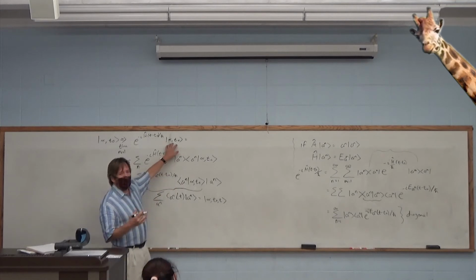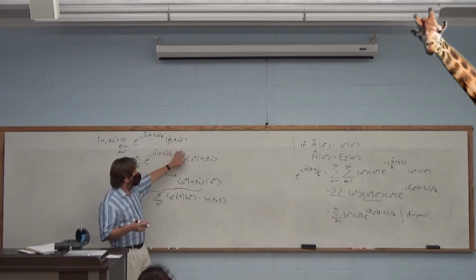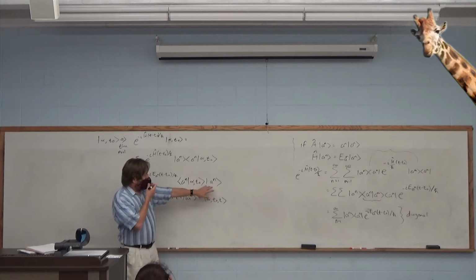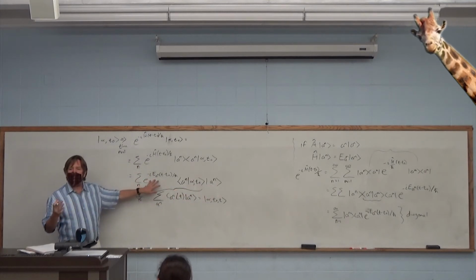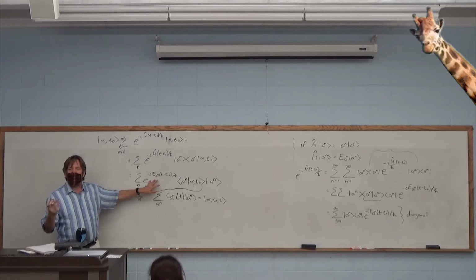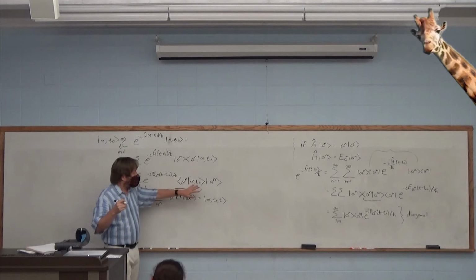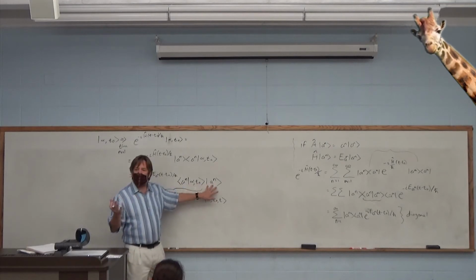We almost always represent a state in some kind of basis. So all you do is slap on e to the minus i energy t over h bar. Just multiply by e to the minus i energy t over h bar. And now it's a time evolved state. So we knew how to represent Sx before, right?